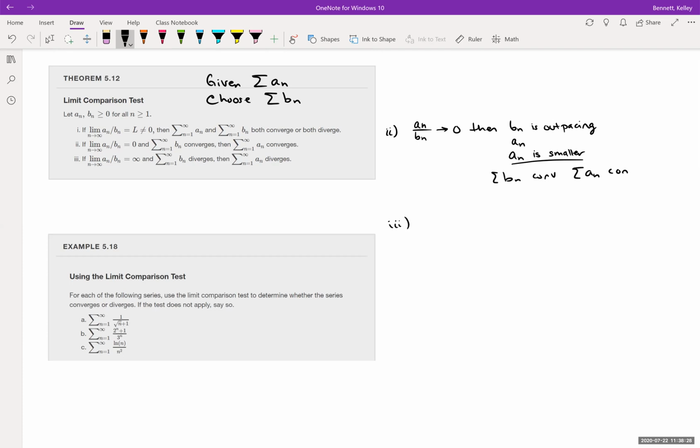Conversely, if a_n over b_n goes to infinity, then a_n is outpacing, it's really dominating b_n. So we know that a_n is bigger. So if a_n is bigger than b_n and b_n is divergent, then if you're bigger than something that's already diverging, then you better be diverging too. So that's the justification for the limit comparison test. It's a very light, hand-wavy, intuitive justification. You can definitely read the proof in the textbook if you like.